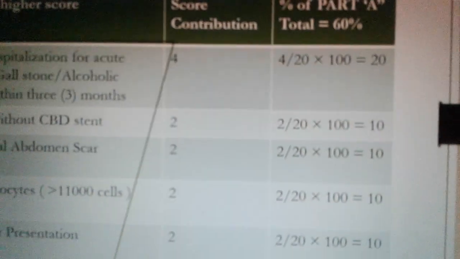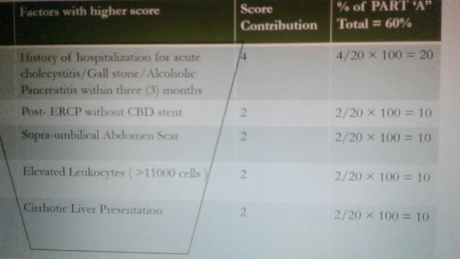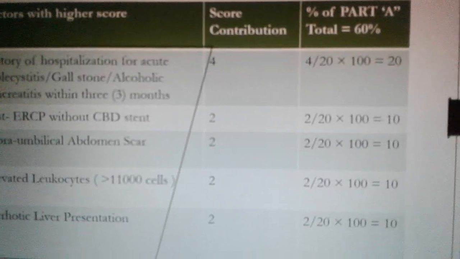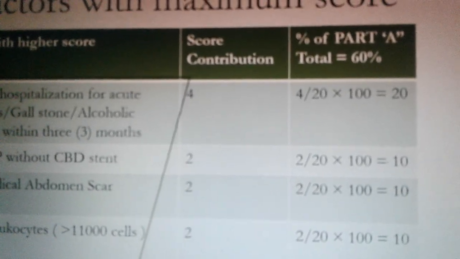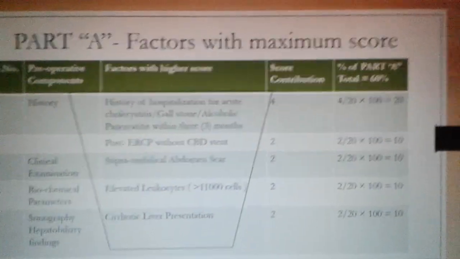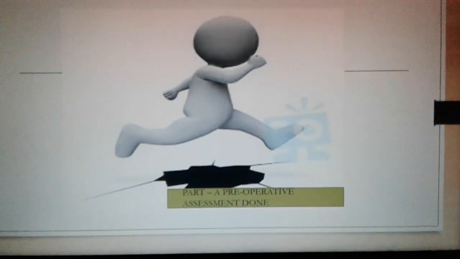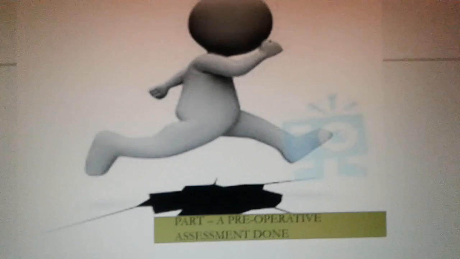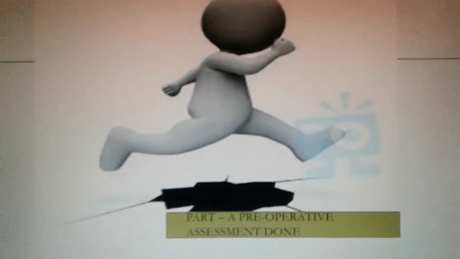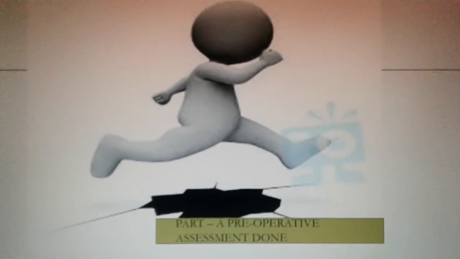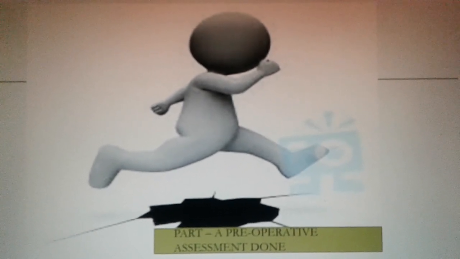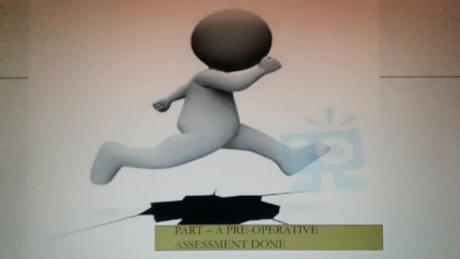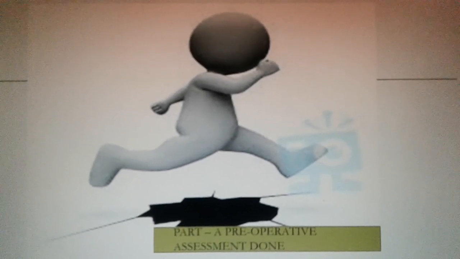How is it important to know this, that these 5 parameters are important and they are responsible for 60% of the score contribution in part A pre-operative assessment? The important part is that if we know that any of these 5 parameters are there in any gallbladder stone disease patient, the possibility of getting a high difficulty level is already there.